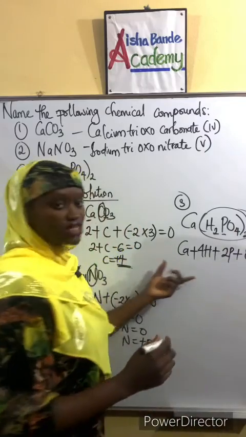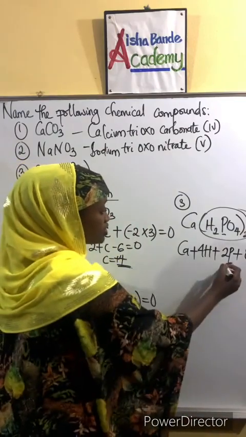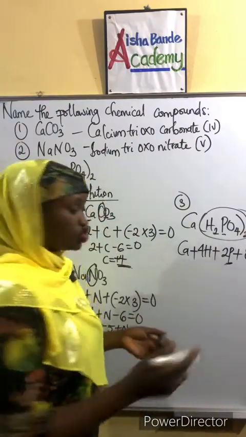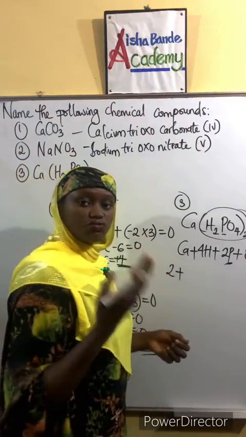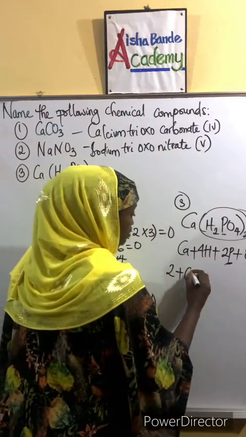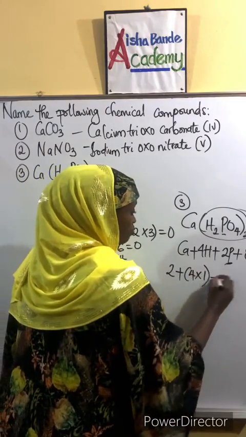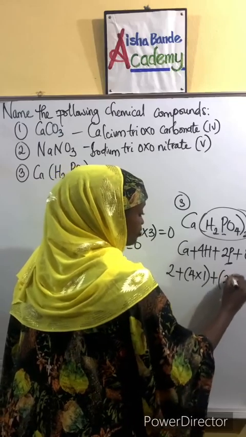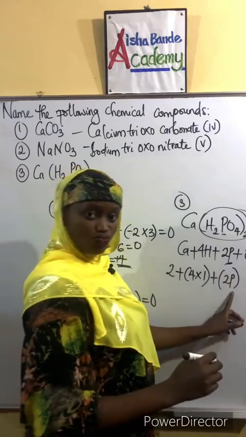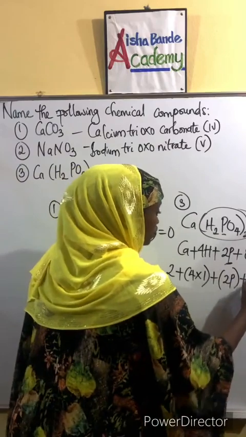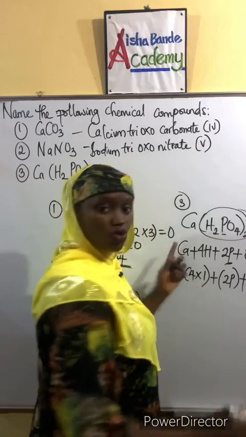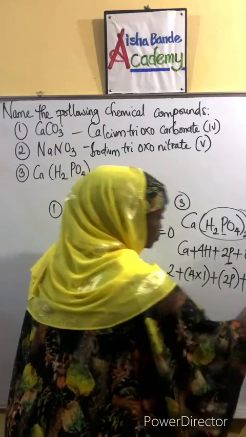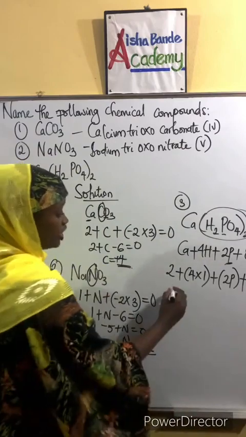Okay, so now let's calculate the oxidation number of phosphorus in this case. Calcium has an oxidation number of +2, plus hydrogen has an oxidation number of +1, so this is going to be 4 times 1, plus 2P. We are looking for the oxidation number of P, which is phosphorus, plus oxygen has an oxidation number of -2 times 8. This is a stable compound, so we equate this to 0.